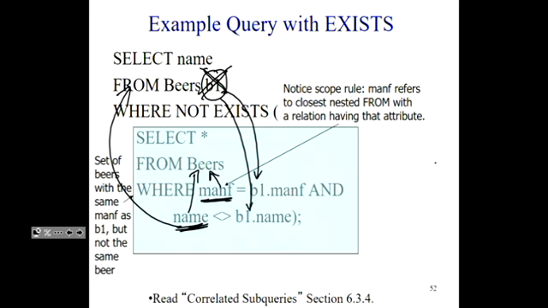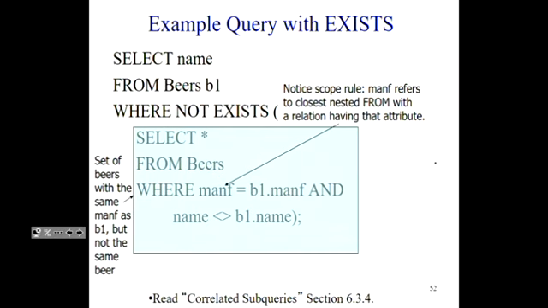So like I said, the scope rule is that these attributes refer to the closest nested from with a relation having that attribute, as opposed to the external from. So manufacturer here is associated with this relation, name here is associated with this relation. That's how I can disambiguate the meaning of these attributes. Once again, we were talking about why the not exists operator is actually useful.